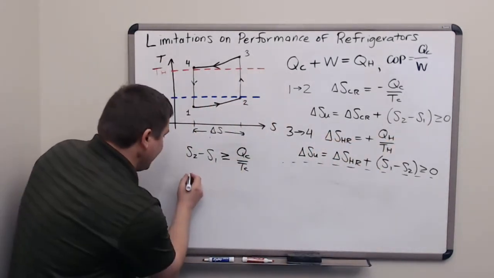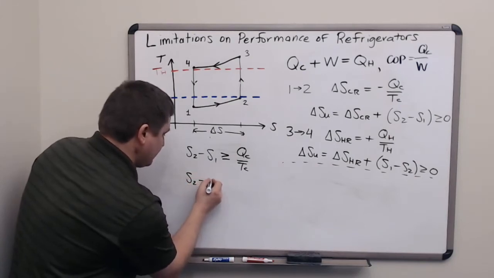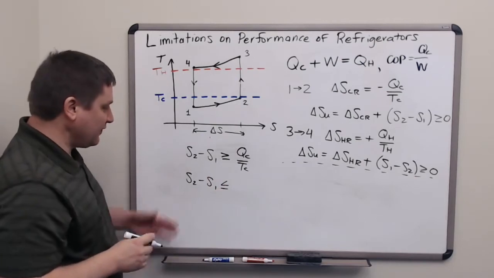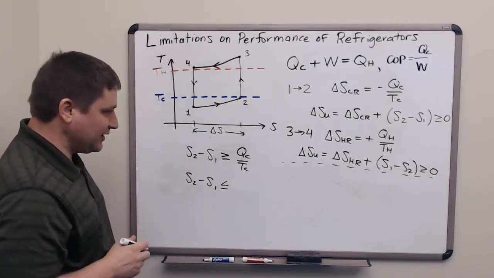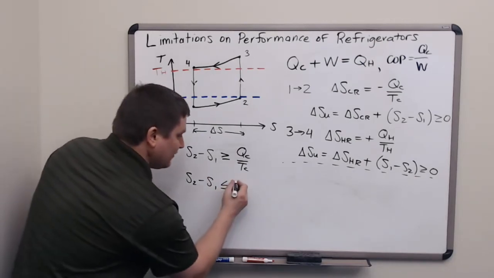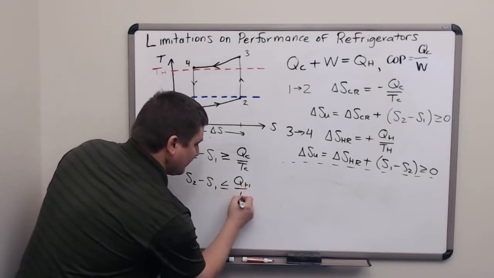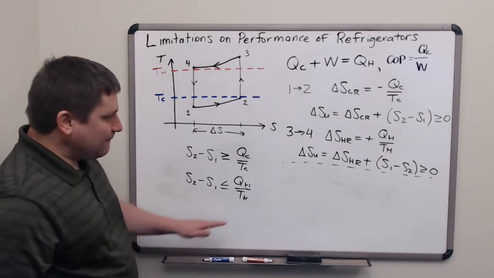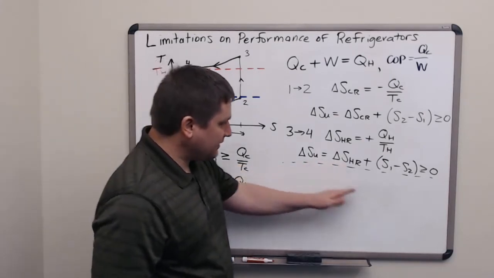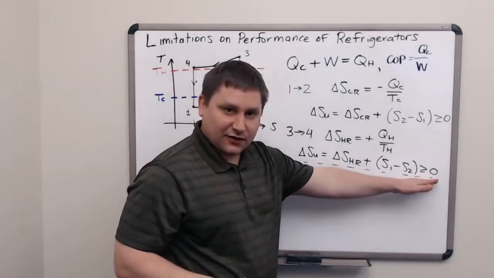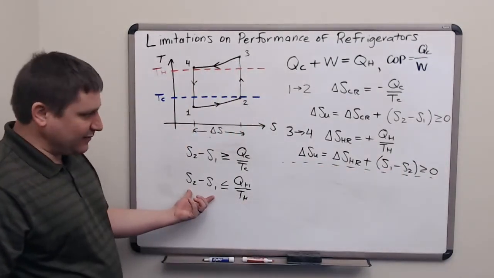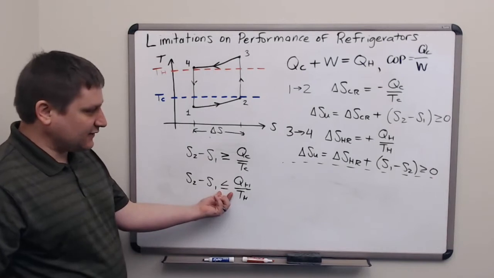From the ejection step 3 to 4, we see that the entropy difference of the working substance, S2 minus S1, must be less than or equal to QH over TH. I get to this by moving the SHR to the other side of the inequality and multiplying both sides by -1. That's how I get S2 minus S1, and that's how this turns into a less than.